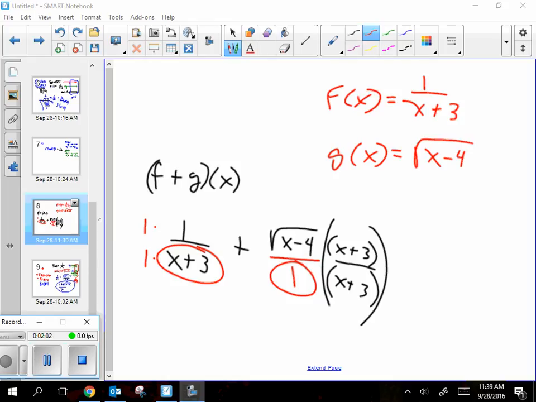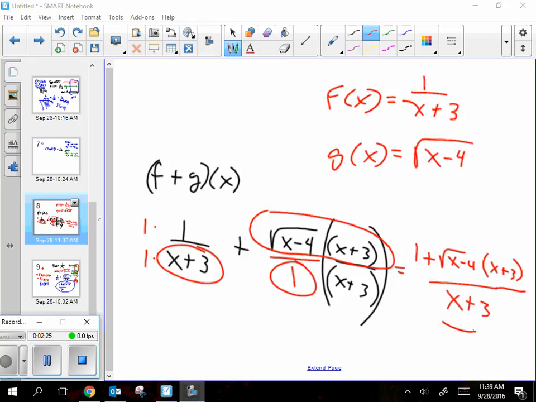So now, final answer has a denominator of x plus 3, and on top we have 1 plus. You can't even actually multiply these together. If you thought you could FOIL that out, you can't. So final answer is just to leave it that way. Square root of x minus 4 times x plus 3. There you go. Kind of complicated, but that's your answer to f plus g of x.